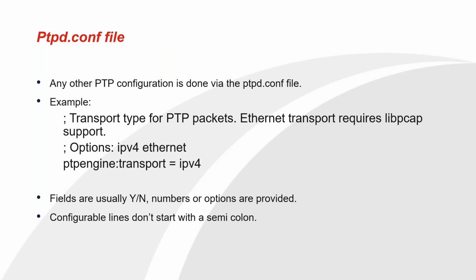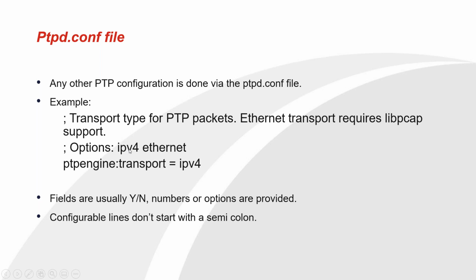All of the other configuration of PTP fields occurs in the ptpd.conf file. You just have to open that in a text editor like Notepad++, for example, and change the fields accordingly. This is an example of one of the fields. They'll have a couple of lines of text which are preceded with a semicolon, which describe the field and give you the configuration options.